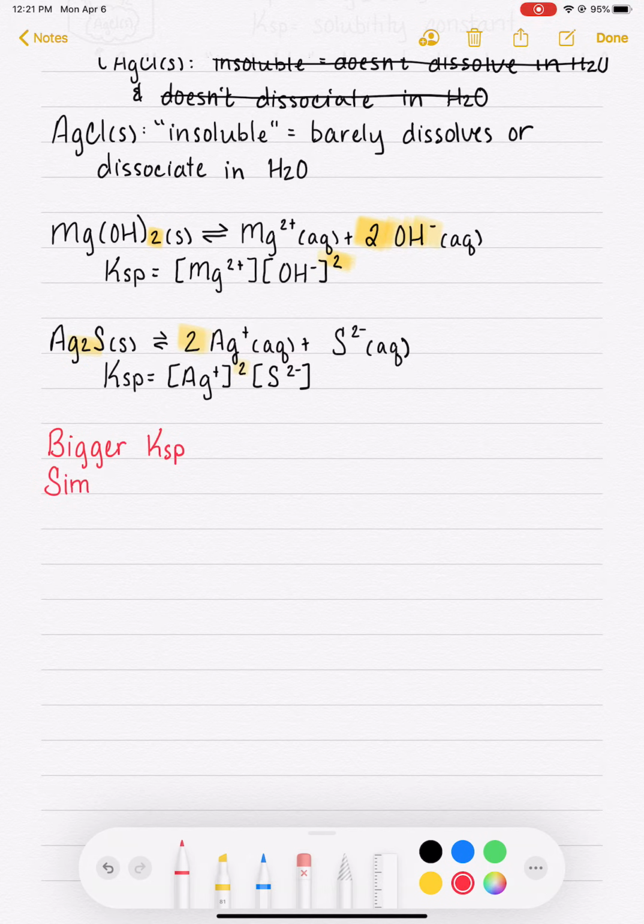The size of the value of the equilibrium constant tells us a lot about the extent to which it reacts. So if we have a compound that has a really big value of KSP, let's just look at the one up above it, if KSP is really large, that means that these concentrations are high. Those are going to be big numbers in order to produce a big KSP value.